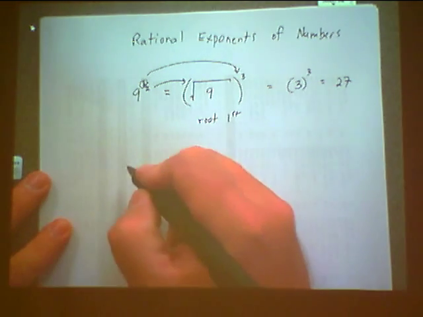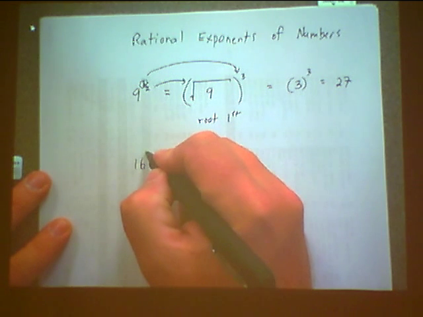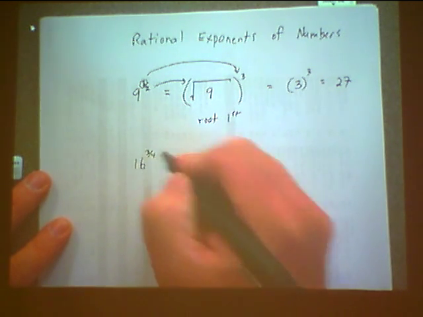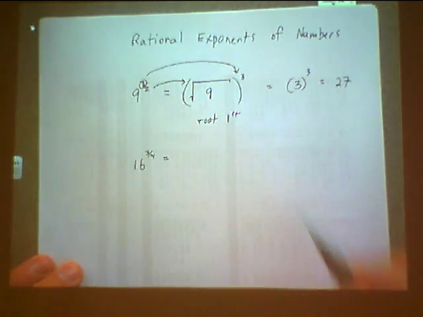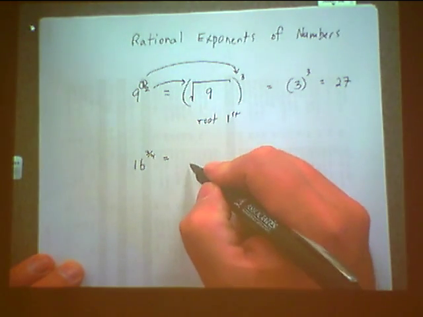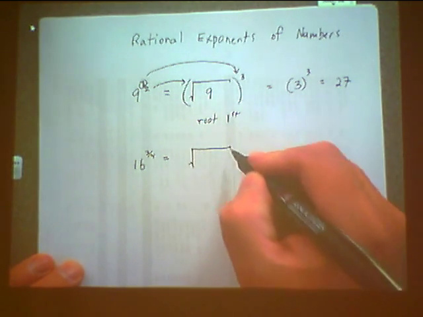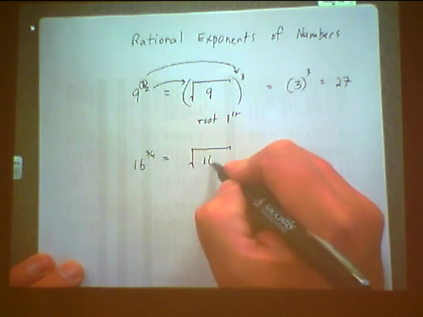Here's a second example. 16 raised to the 3/4 power. Once again, you might want to pause this video, and if you think you can do this on your own, go ahead and try it, and then you can check and see if you did it correctly. Once again, I'm going to convert this into a radical, and then do what I call root first. So inside my radical is going to be 16.